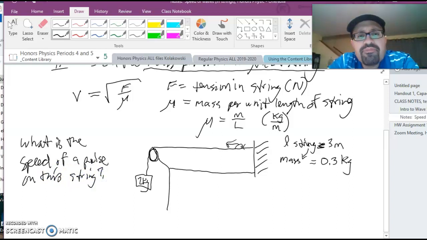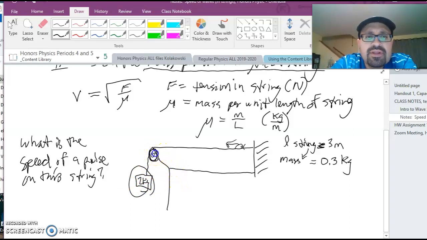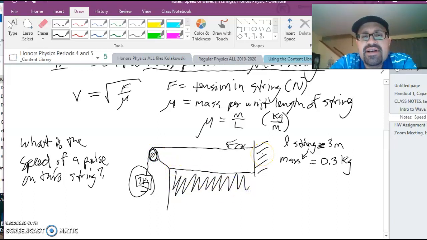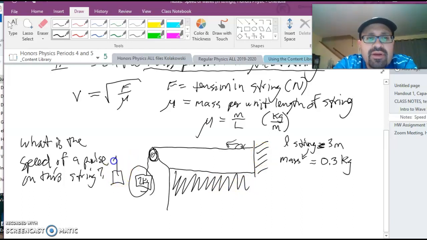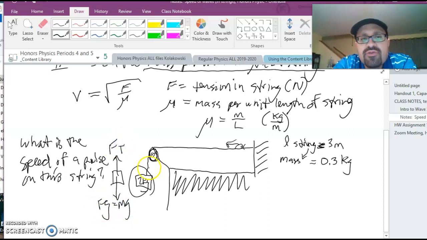Well, we have to look at the scenario. This isn't a guitar where you have a peg that you can turn to create tension. We have this weight on this pulley. Again, this is supposed to be a pulley system here. This is a table, and this is a wall. And the tension in the string is created by this weight. We can imagine a free body diagram would look something like this, where we have the weight and the tension force. The tension force on the string over here is the same as the tension force you're going to have over here.